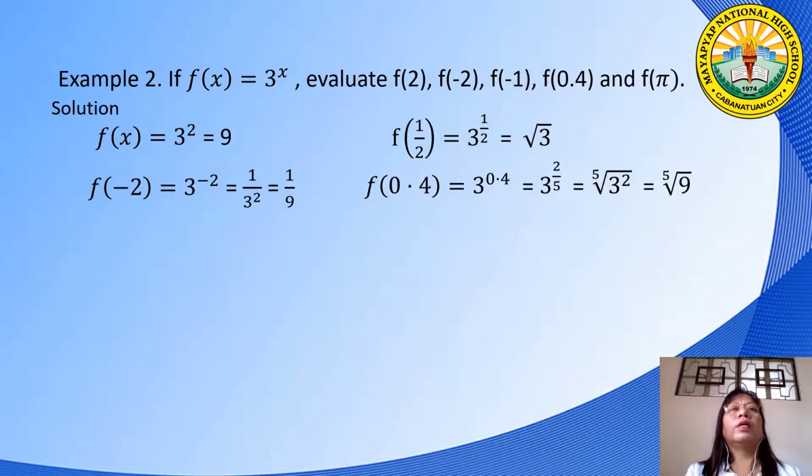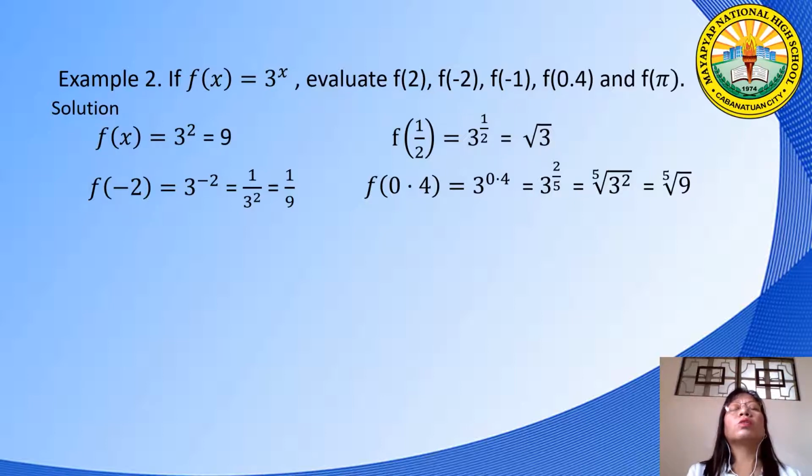And then for f of 0.4, replace x with 0.4, so it equals 3 raised to 0.4, and then the exponent decimal 0.4 changes to a fraction, so that becomes 2 over 5. So therefore, f of 0.4 equals 3 raised to 2 over 5.